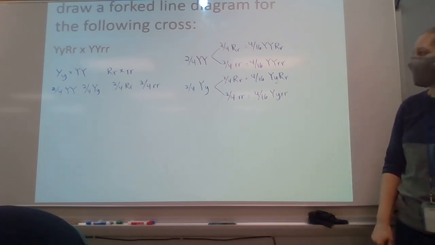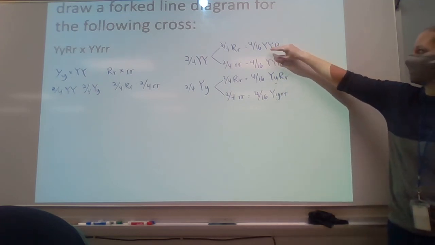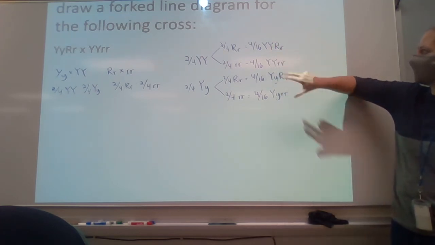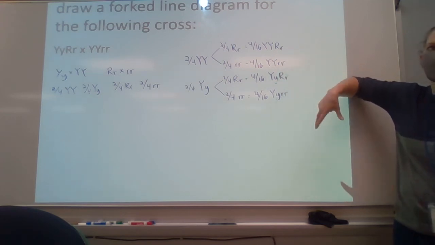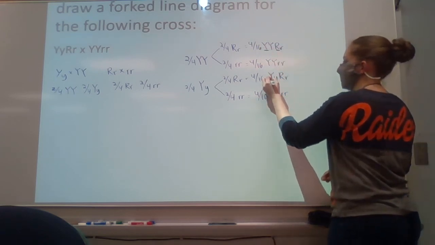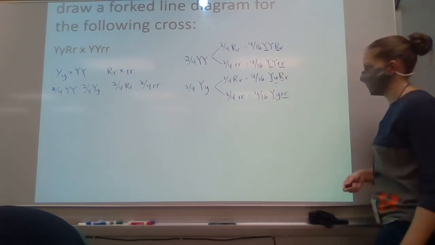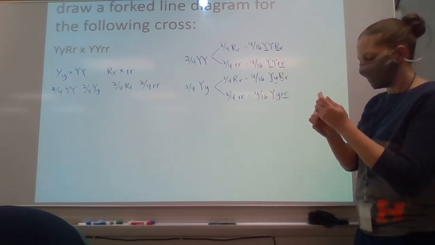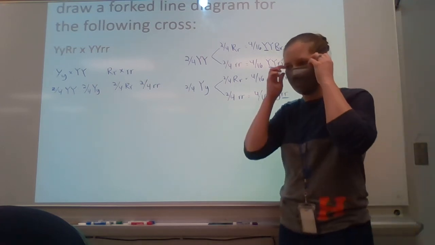Phenotypically then, what's your ratio going to be? Yeah, 1 to 1. So it's either going to be yellow and round or yellow and wrinkled, right? Those are what those traits are. So both dominant, or one dominant, one recessive. So this is just another tool to help you find genotype and phenotype ratios for dihybrid traits.